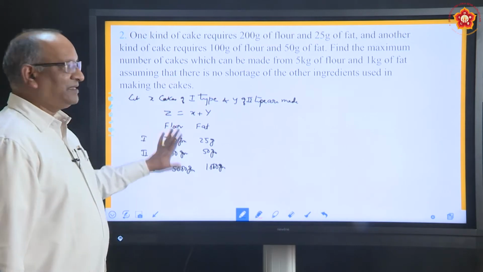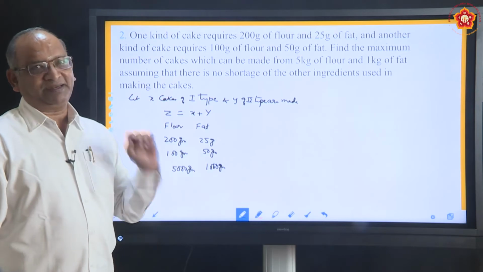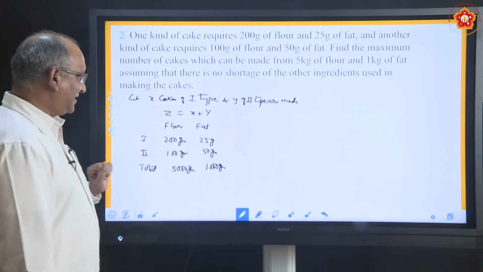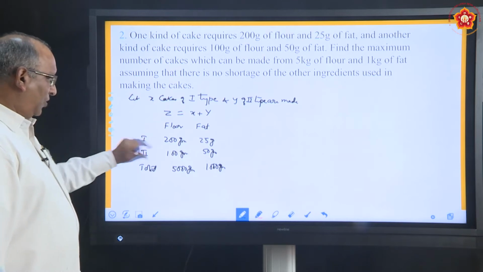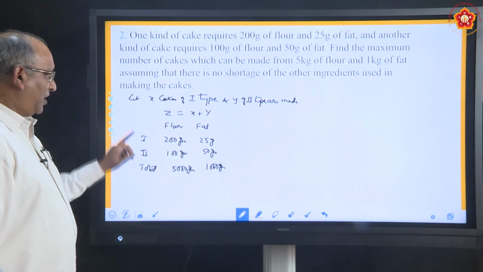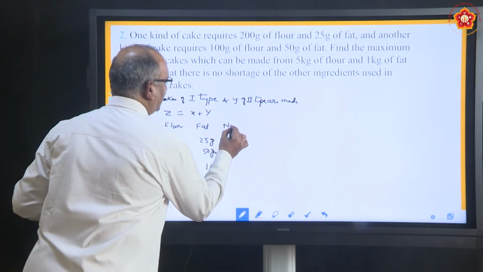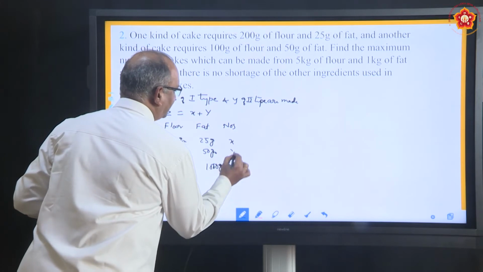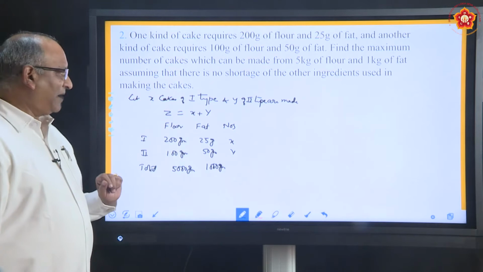With the help of this information, first we have to form the inequalities. So what is the first inequality? For example, here flour. x cakes of the first type, y cakes of the second type.